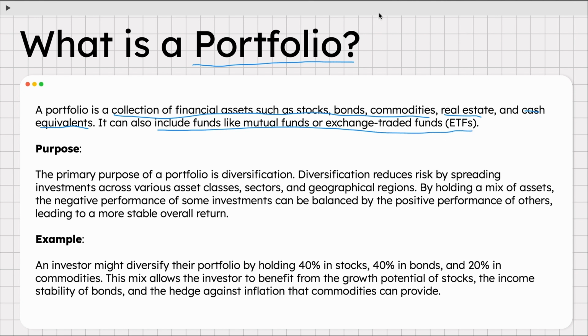So basically, let's say you have a portfolio, and that portfolio can have, let's say, stocks, it can have bonds, real estate. The distribution you can decide, how much these assets contribute to your portfolio.